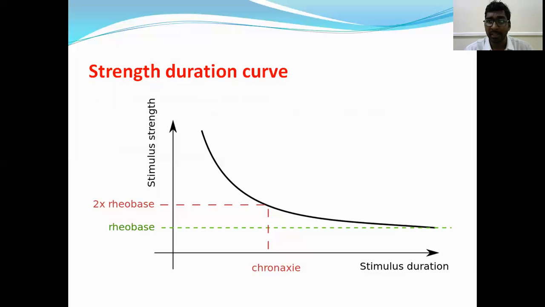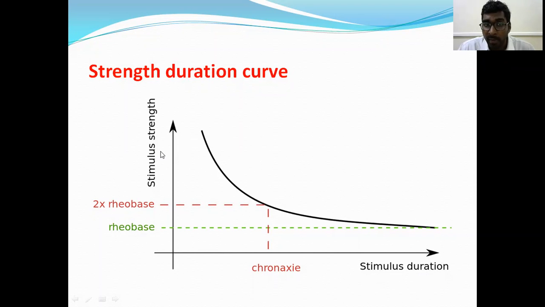The strength duration curve is also used for detecting nerve injuries. On the y-axis you see stimulus strength, and on the x-axis you have stimulus duration. This is the normal strength duration curve. If any nerve injury is present, more stimulus strength is required to get a response, which means the curve shifts rightward, and the stimulus duration also changes in nerve injury.